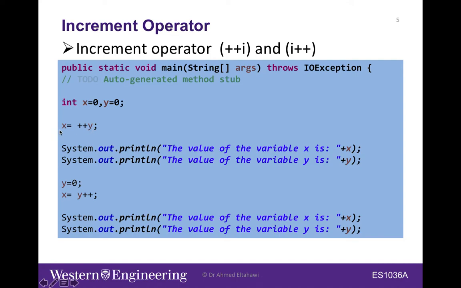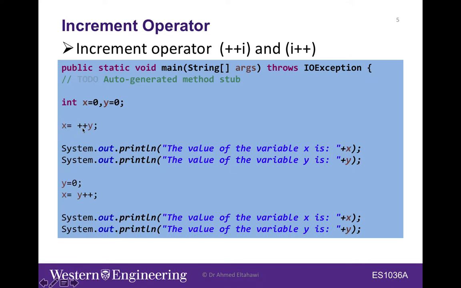For example, if you set x equals plus plus y, and the value of y is 0 and the value of x is 0, when this is executed the value of x will be updated to 1, and the value of y will be updated to 1. In both cases, plus plus y and y plus plus, the value of y will be changed, but the value returned to the left hand side will be different.